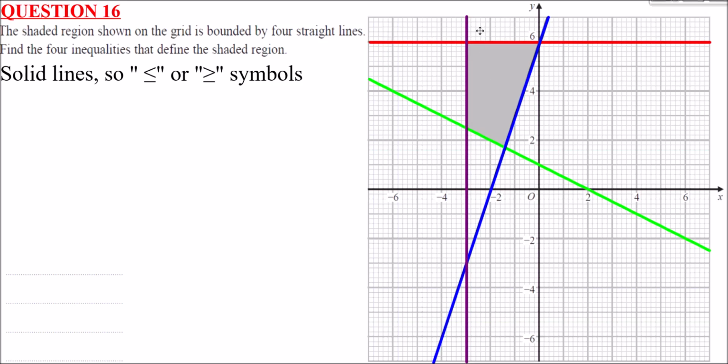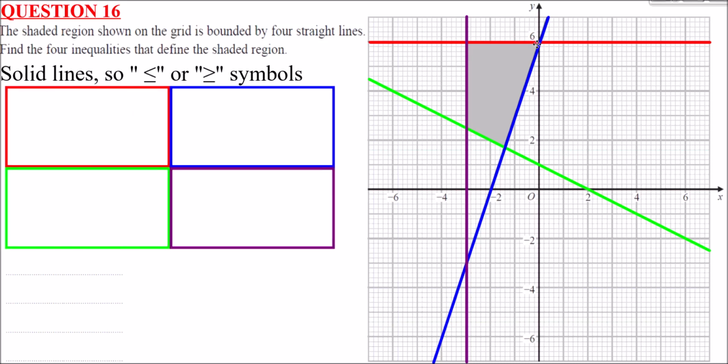So this red line at the top is a horizontal line crossing the y-axis where y is 6. The horizontal line crossing y when y is 6 is simply the line y equals 6. So let's think of these 4 different lines in isolation. The first one is just going to be y equals 6.